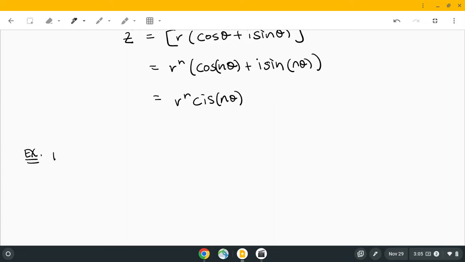All right, let's find 4 cis 145 degrees to the third power.